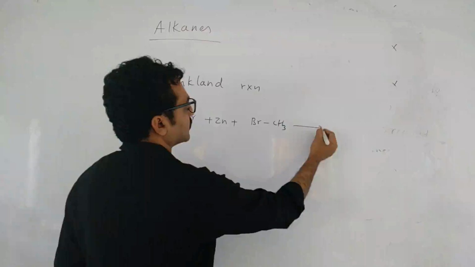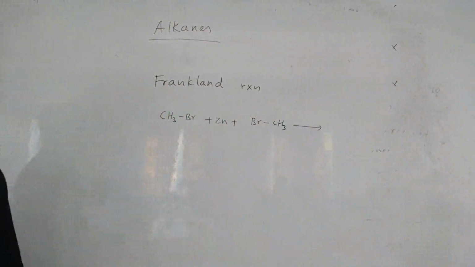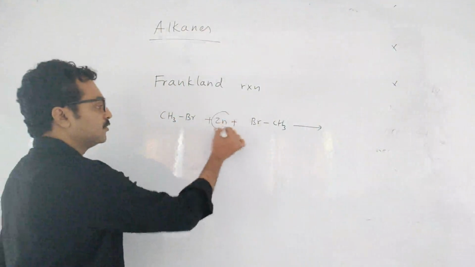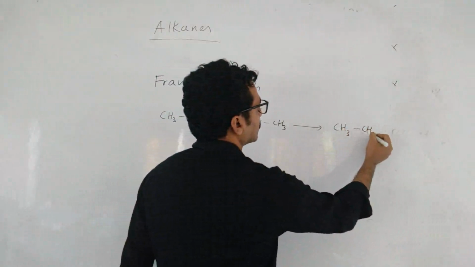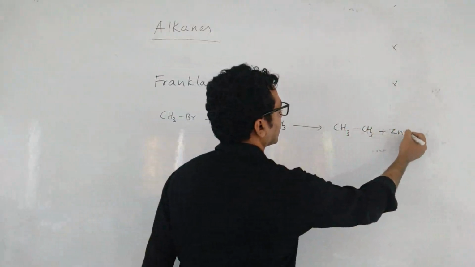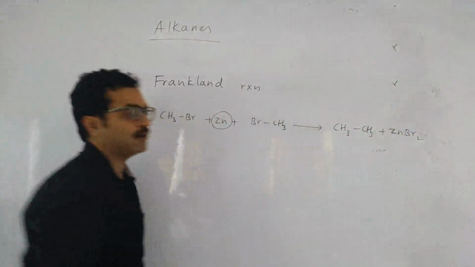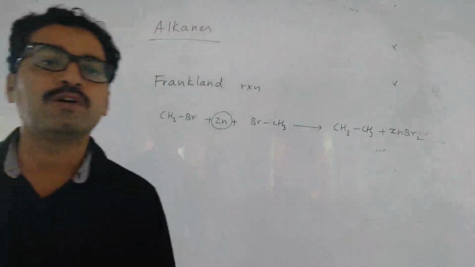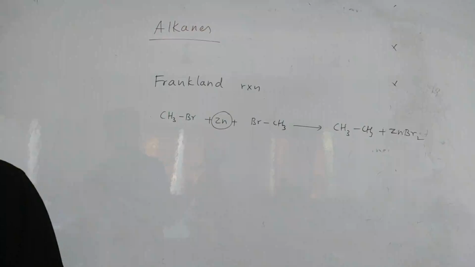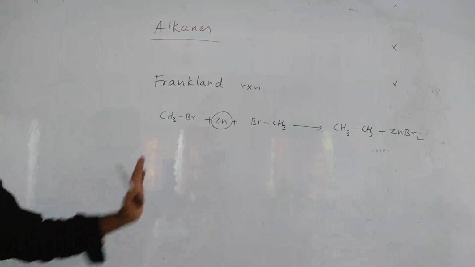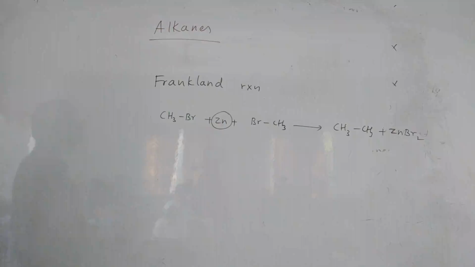Zinc is used. Instead of sodium in dry ether, if zinc is used, then the reaction is called Frankland reaction. So Wurtz reaction and Frankland reaction are almost similar, but what is the difference? Instead of sodium metal, we are using zinc metal. That's it.